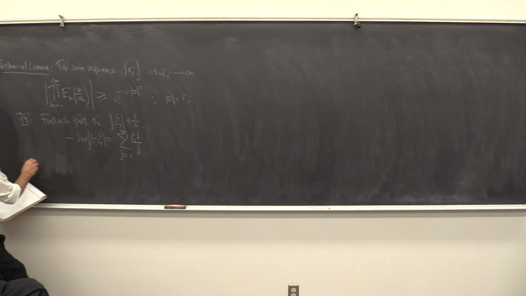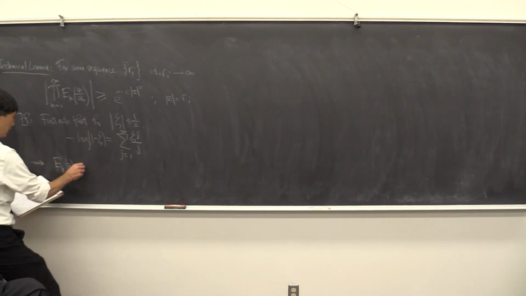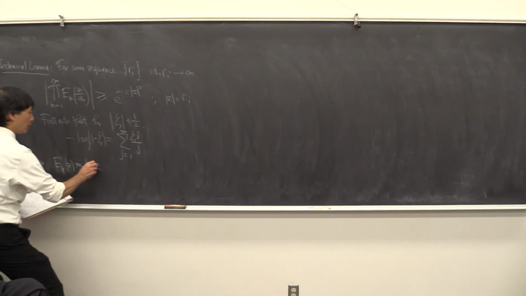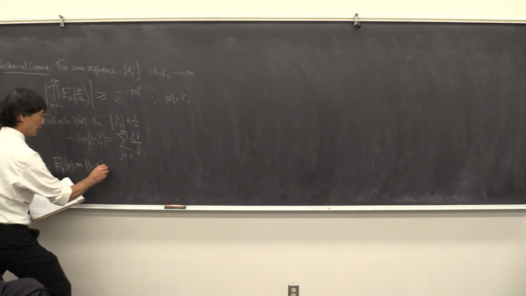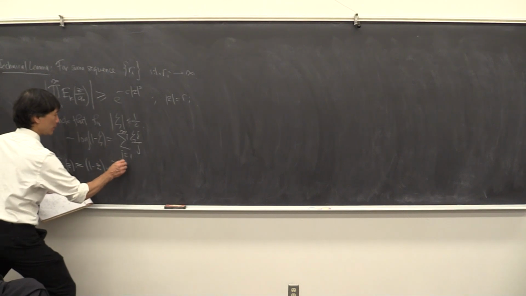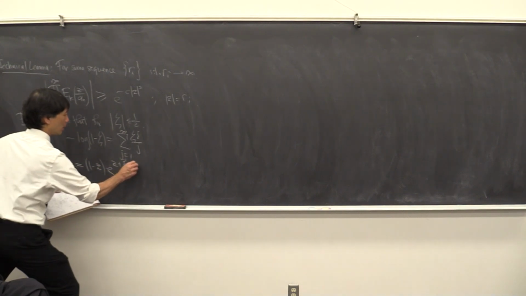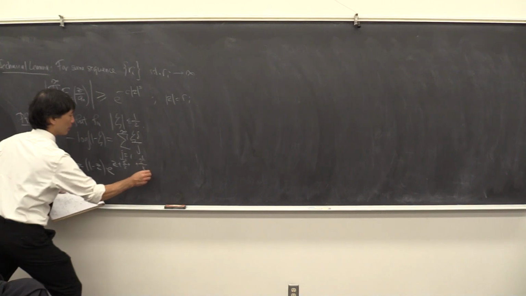Okay, so what's the point? E sub k of z is defined as 1 minus z times e to the z plus z squared over 2 plus z to the k over k.